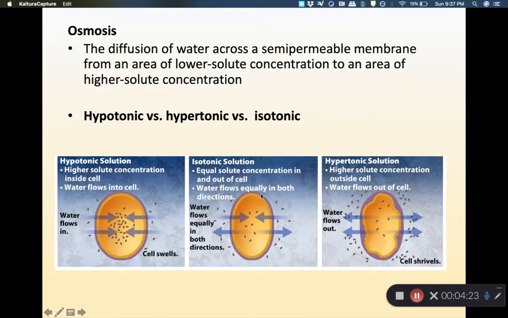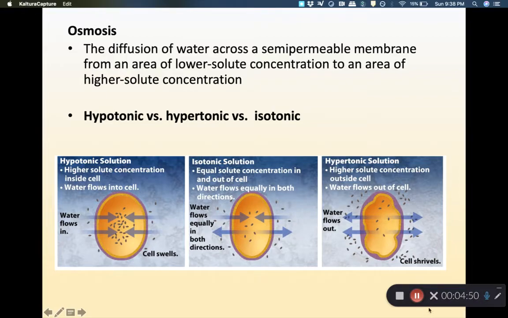The opposite of that is a hypertonic solution, where you have a higher solute concentration outside of the cell, and water then flows outside of it, and this cell starts to shrivel. And then in this central state, we have a state of equilibrium, where the solute concentration is the same inside and out, and water flows equally in each direction.